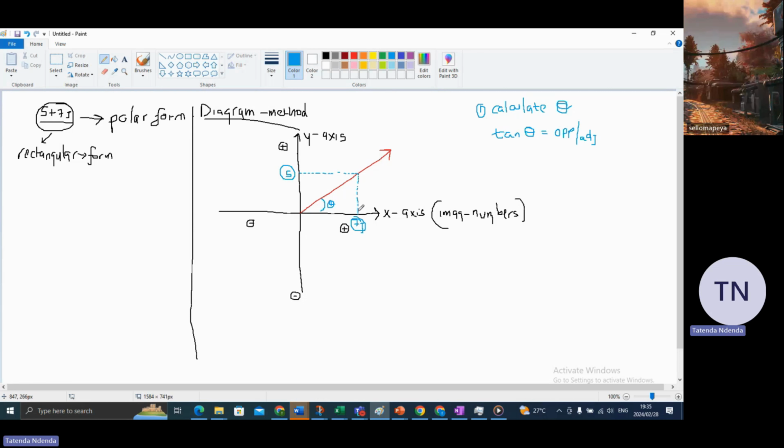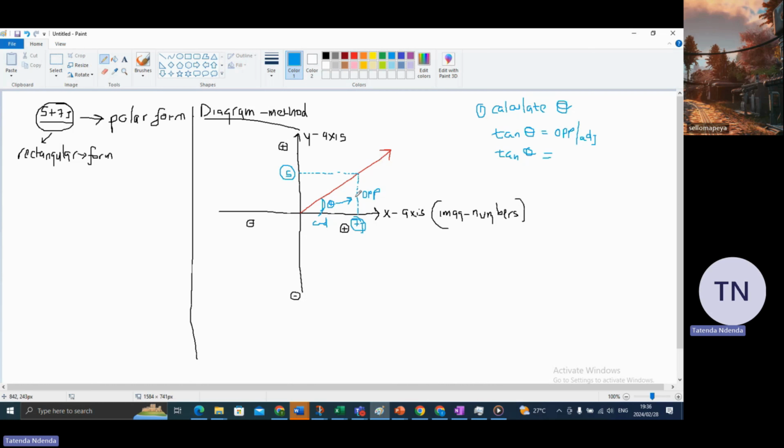The reason we are saying that is that this one is called the opposite. Why is it called the opposite? It's called the opposite because it's on the opposite side of the angle. And this is the adjacent because it's where the angle starts before it gets to the hypotenuse.